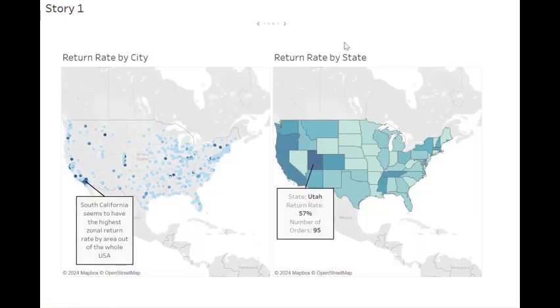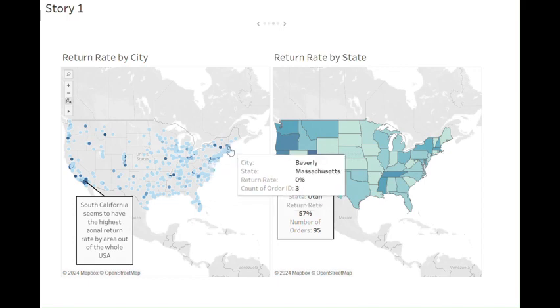If we go next, here we want to see the return rate by city. So we were told to look at what cluster of cities have the highest return rate. And there is a high return rate cluster in the tri-state area over here.